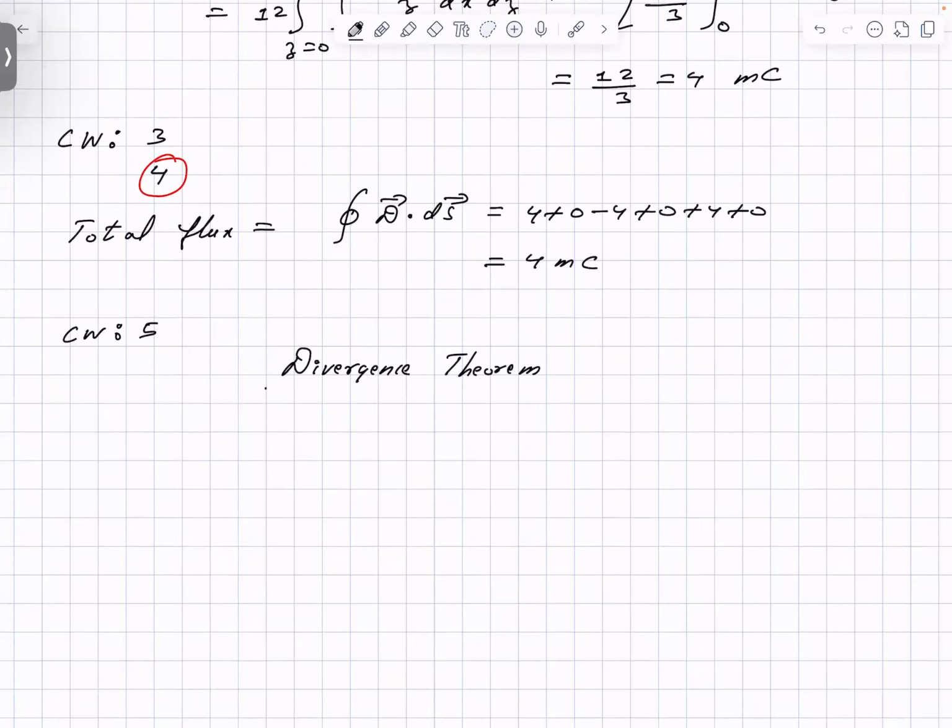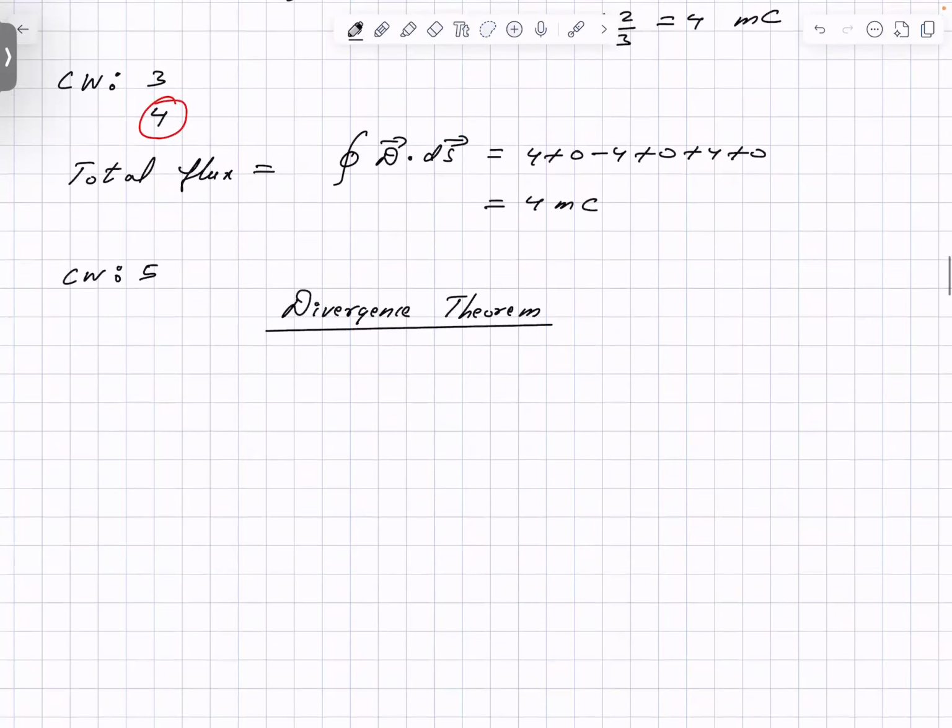What this theorem says, or what we're going to show, is that this surface integral is closely related to a volume integral, which we can write as a volume integral, and we'll find out what goes in here.